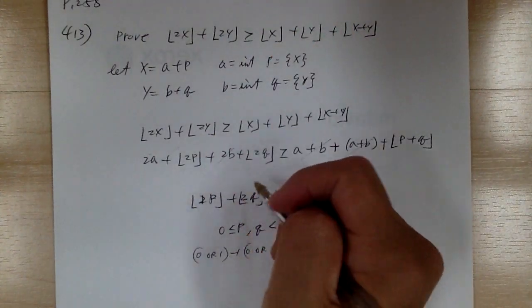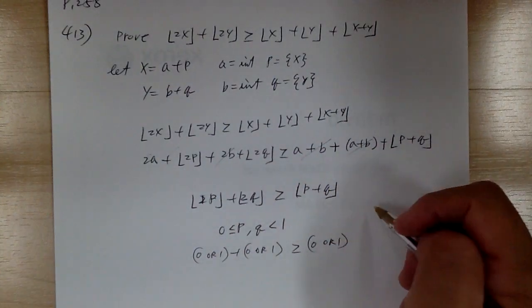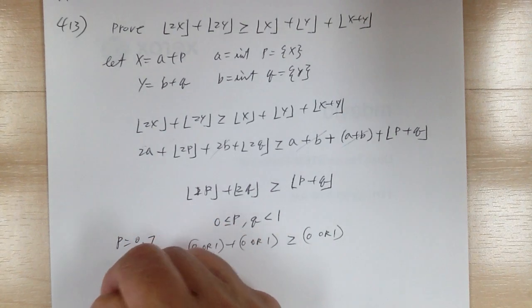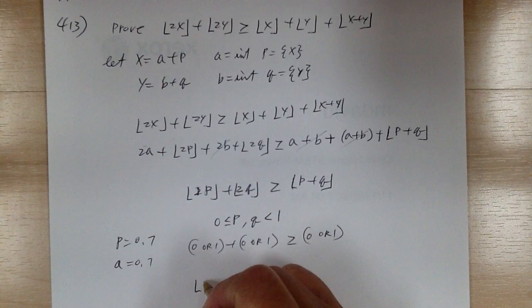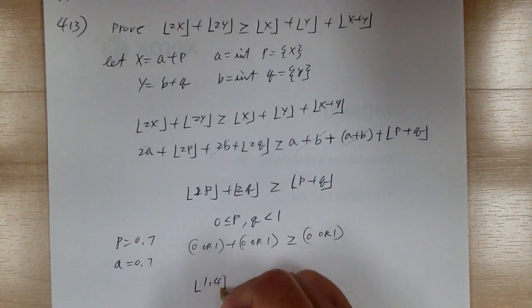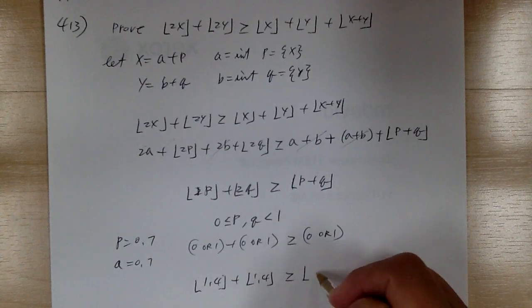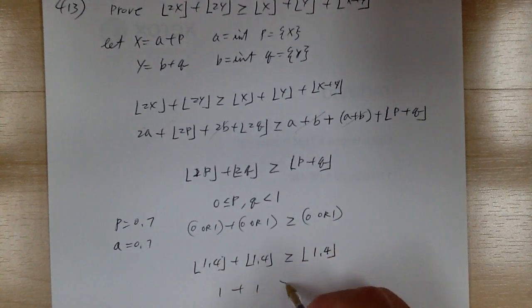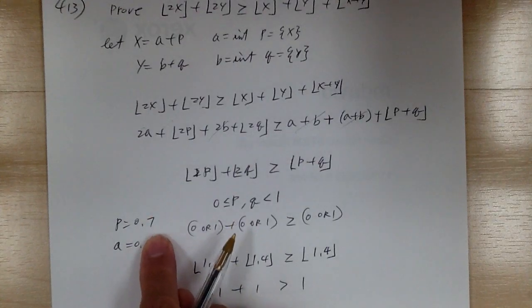Again, if you don't believe that, you can try numbers. Just to make it simple, let's say p equal to 0.7, q equal to 0.7. In this case, you're going to have 1.4 plus 1.4 is greater than or equal to 1.4. And therefore, you can see that this is 1 plus 1 is going to be greater than or equal to 1, right? So that's when both are greater than 0.5.